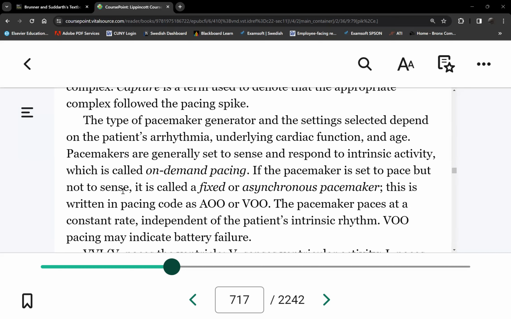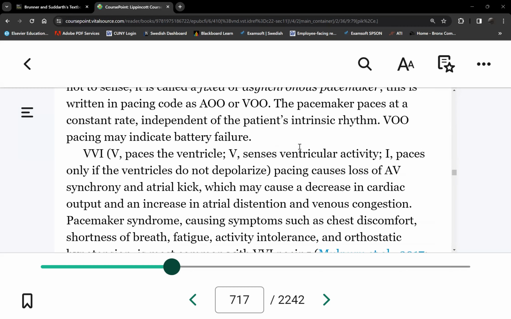On fixed or asynchronous, this setting overrides whatever the patient's SA node is doing, meaning the SA node becomes useless because now the pacemaker is in charge. It will fire whether or not the SA node is firing. You follow? So these are the two different settings on a pacemaker. You either set it on demand or set it fixed or asynchronous.